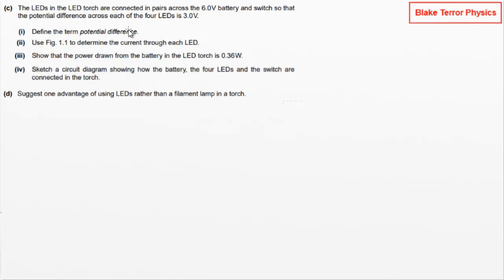So, right, this one's always a fiddly one to define, right? Potential difference, it's the energy transferred. Let's go with that. Energy transferred per unit charge. So really, what I'm saying there is joules per coulomb is what we're thinking. We know that potential difference is in volts.